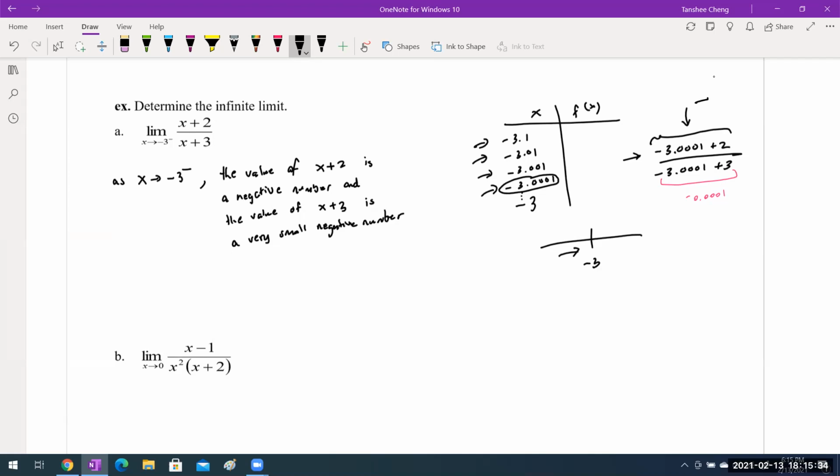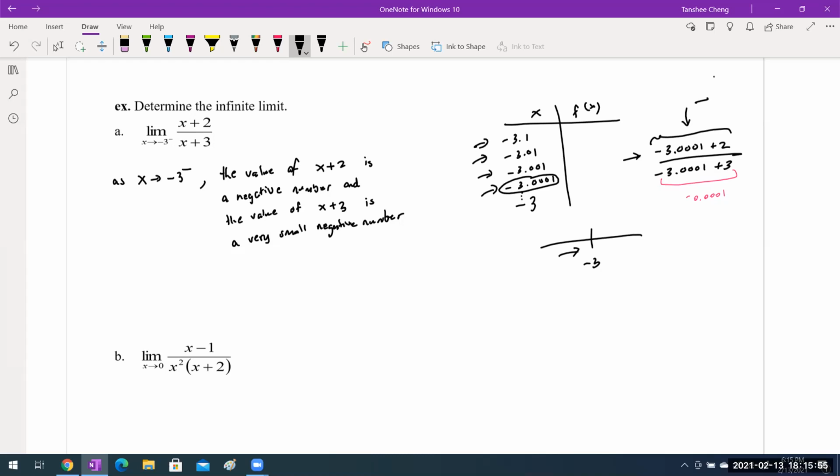So we have a negative number divided by a very small negative number. Negative divided by negative is a positive, and if the numerator is a larger number than the denominator, then when we divide it, that will be a very large positive number.